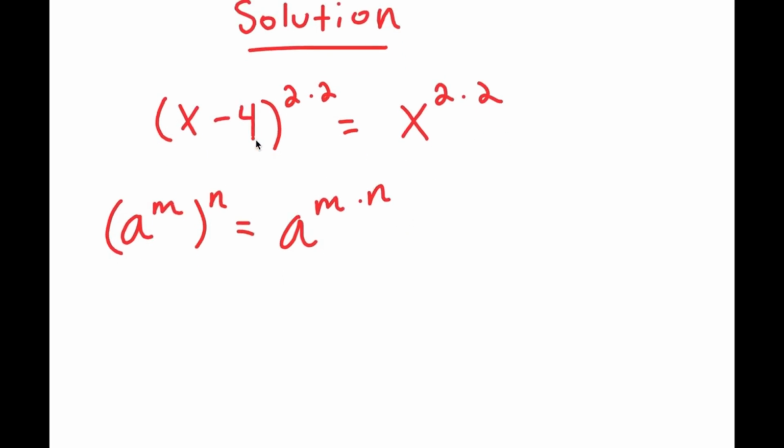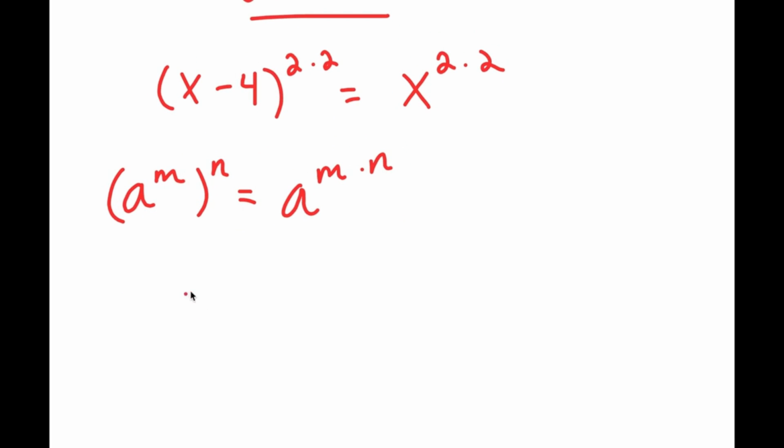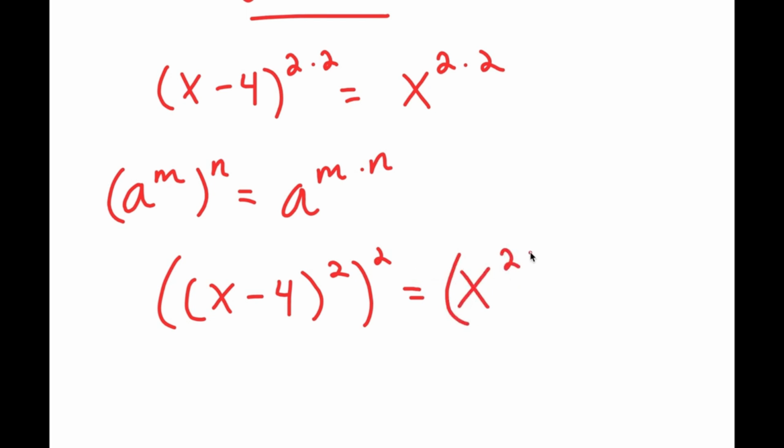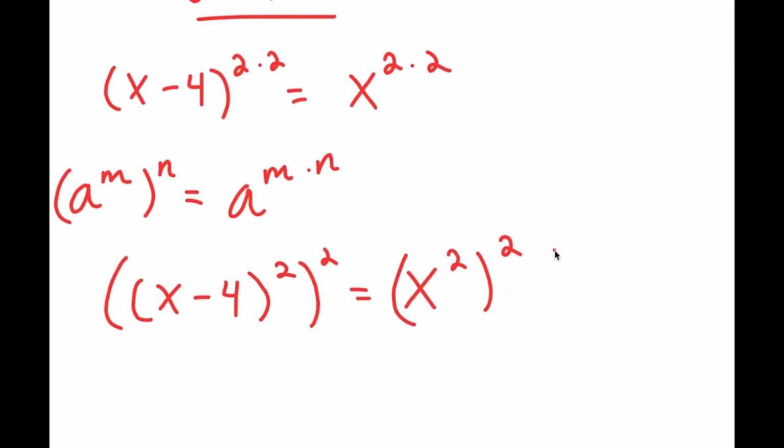So using this property, I can rewrite x minus 4 to the power of 2 times 2 as x minus 4 to the power of 2 to the power of 2, and I can rewrite x to the power of 2 times 2 as x to the power of 2 to the power of 2.